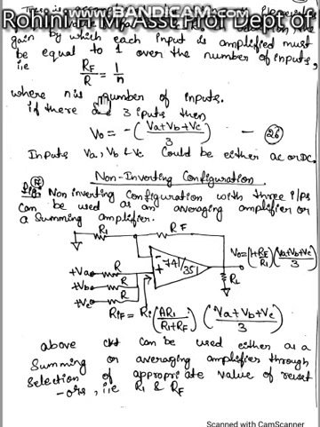RF by R must be equal to 1 over N, where N is the number of inputs. Here, how many inputs are there? VA, VB, VC. So there are 3 inputs. Therefore RF by R must be equal to 1 over 3, which you can see here. By setting this value we can use the same circuit as an averaging circuit.